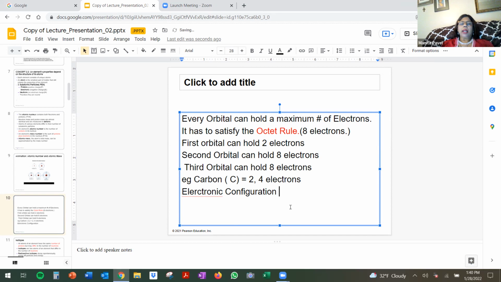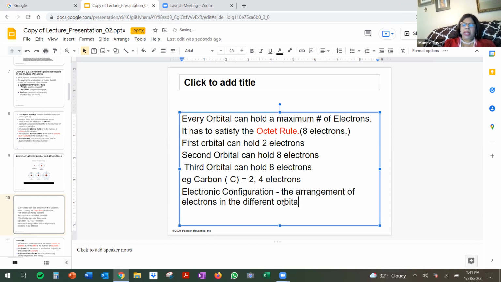A little complex word, but we're going to analyze the term electronic configuration, which is the distribution or the arrangement of the electrons in the various or different orbitals. Electrons are always in different orbitals.